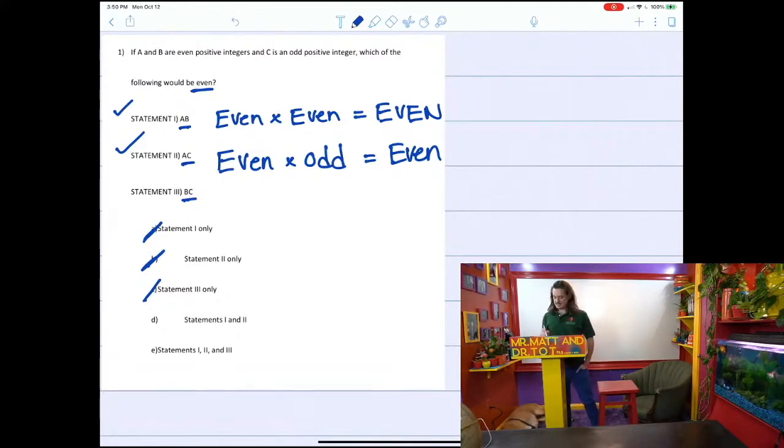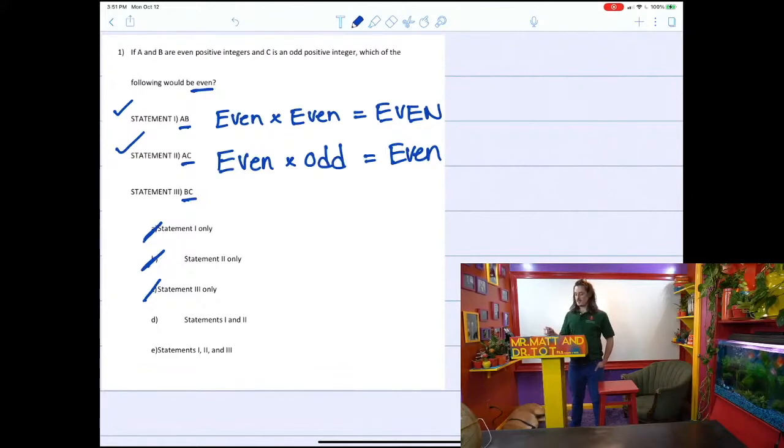I don't know if statement 3 is true or false. So D and E are my only options, because one of them includes 3 and the other one doesn't. So I do need to go ahead and check 3. If there were no option with statements 1, 2, and 3 here, then I could immediately assume that the answer had to be D, because there has to be a correct answer in a multiple choice question.